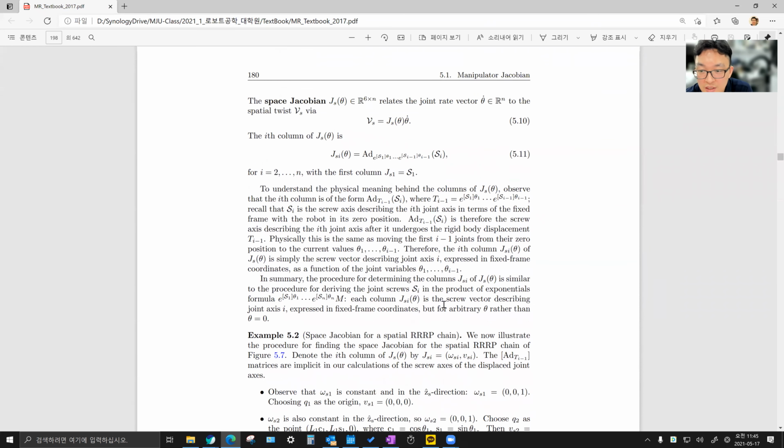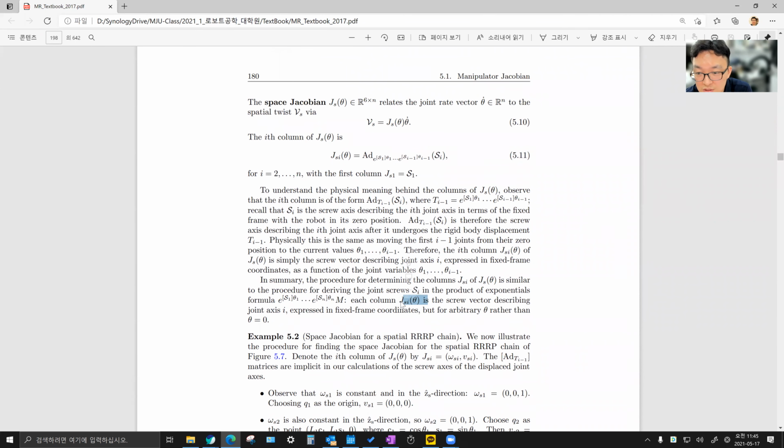That means this one describes the screw axis not for theta equal to 0, but for some theta, some theta variable.